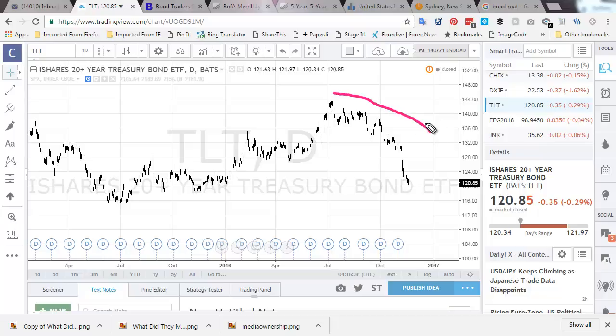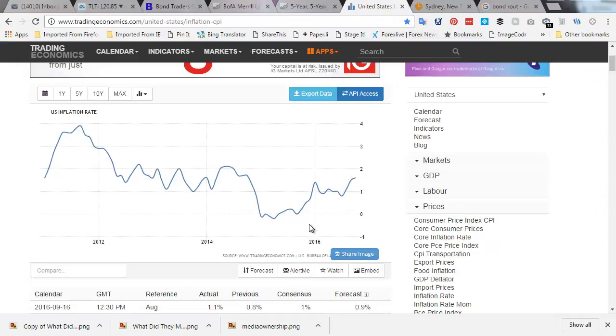So the bond market was starting to reflect this change of interest rates in July, which is coincident with one of those peaks in our inflation data. So if we go back to, this is beginning of January, this is the bottom here.